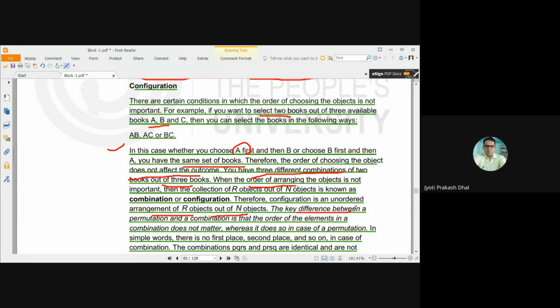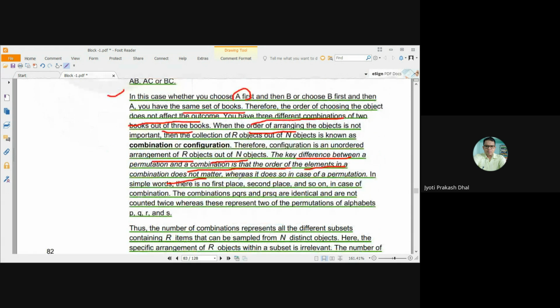The key difference between a permutation and a combination is that the order of the elements in a combination does not matter, whereas it does in the case of a permutation. In simple words, there is no first place, second place, and so on.